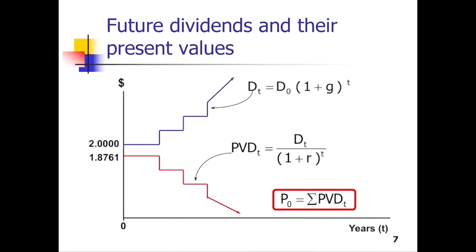So this graph shows the future dividends and their present value. And this is Rs, right? So as I mentioned before, g should be less than Rs. It means the growth rate of dividend is less than the discount rate. Because of this condition, even if g keeps increasing, the present value of dividend keeps going down.